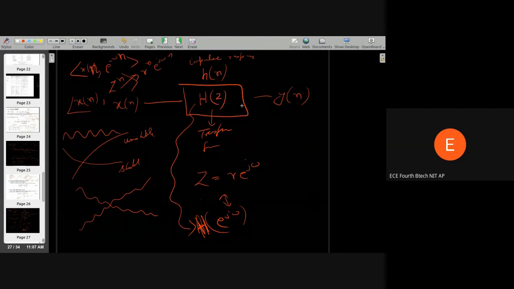So your impulse response we represent in terms of Z transform, and in case of continuous time signals it's Laplace transform, and we get our output.